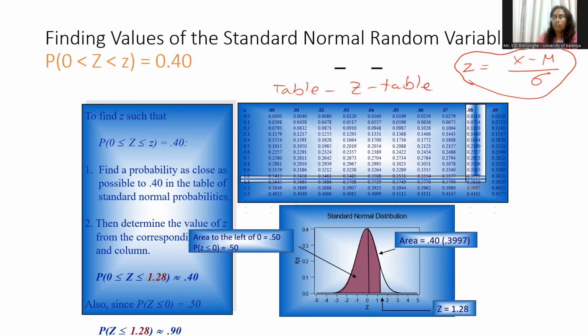I will try to put the LMS one table for you to refer to.